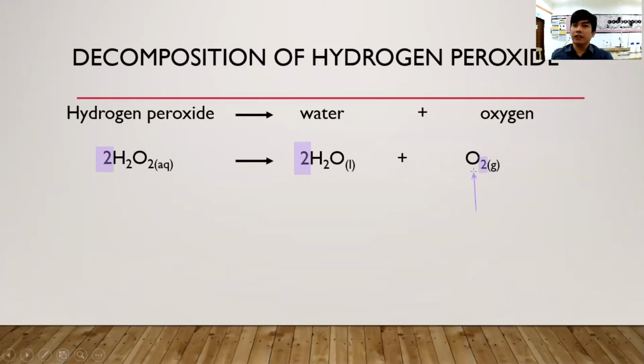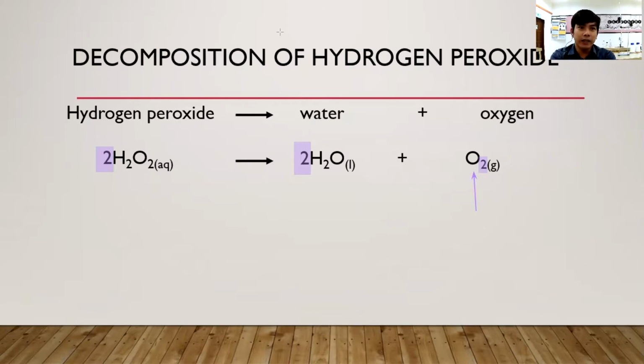Oxygen actually is a diatomic molecule. It exists in the environment or in the surroundings as O2, a diatomic molecule. Diatomic means 2 atoms in a molecule of oxygen. When you inhale, it's not just O, it is O2. It's a molecule of oxygen.